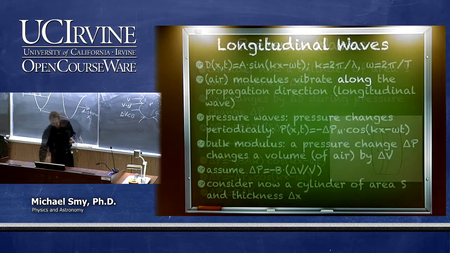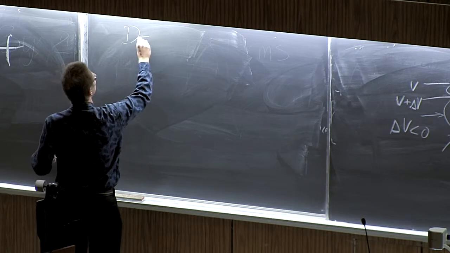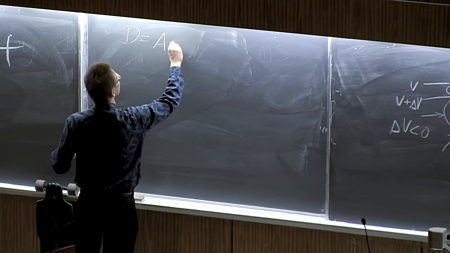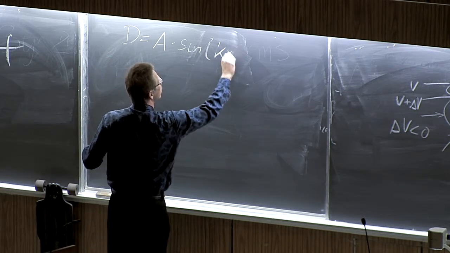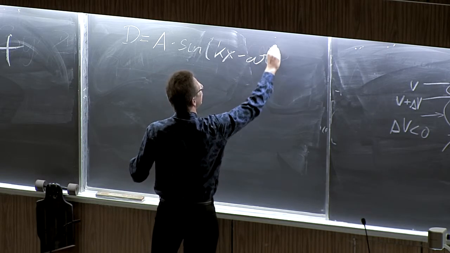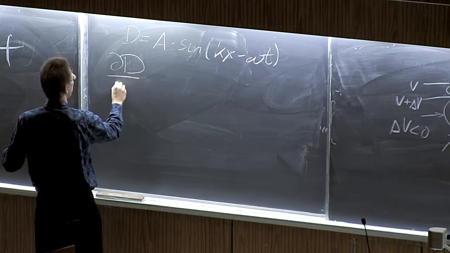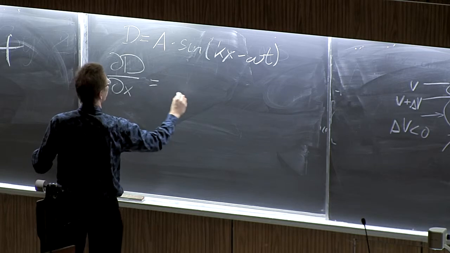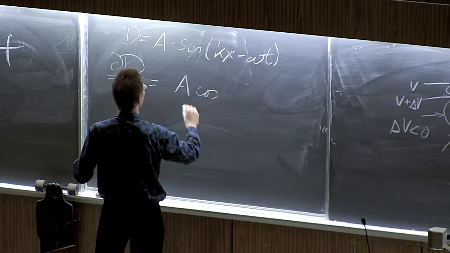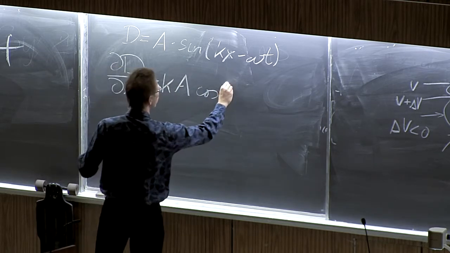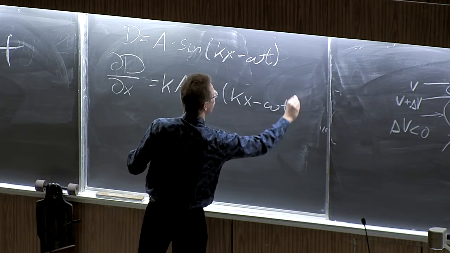And if we now plug in the equation that we had for our sine wave, so D equals A times sine kx minus omega t, and we form the derivative with respect to x, then the A is a constant, doesn't change. The sine becomes a cosine, and we pick up an extra factor of k, and this remains kx minus omega t.